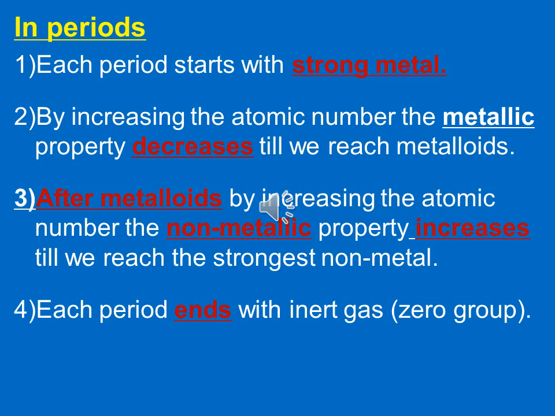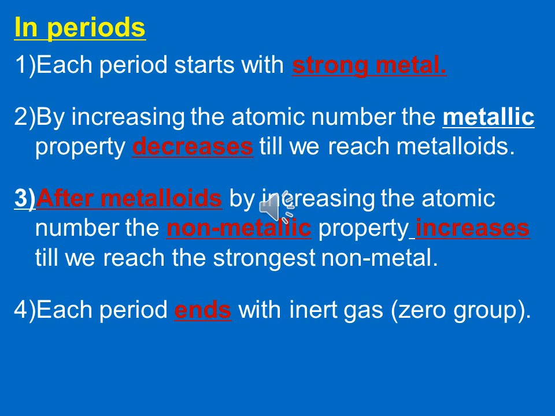As the atomic size decreases from left to right, electrons get nearer to the nucleus, so the attraction between electrons and the nucleus increases. Because attraction increases, it's not easy for the atom to lose electrons as the electrons are near the nucleus.